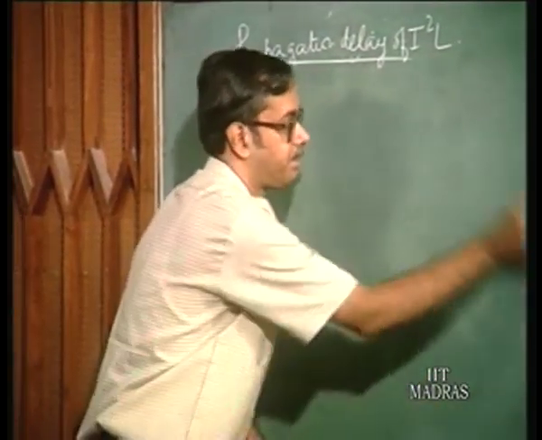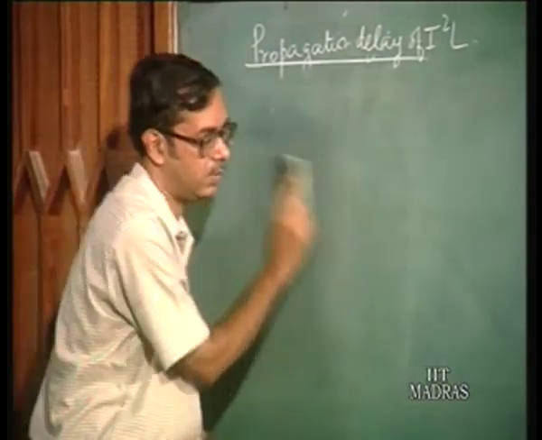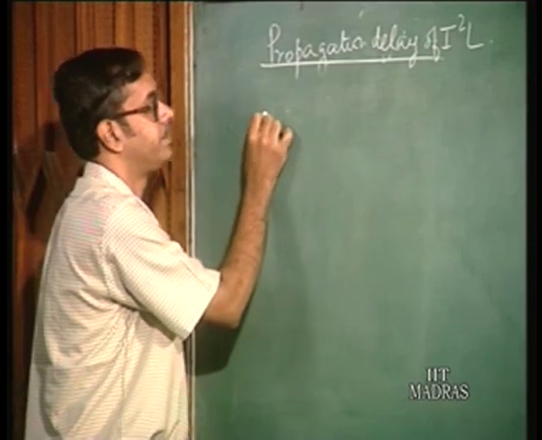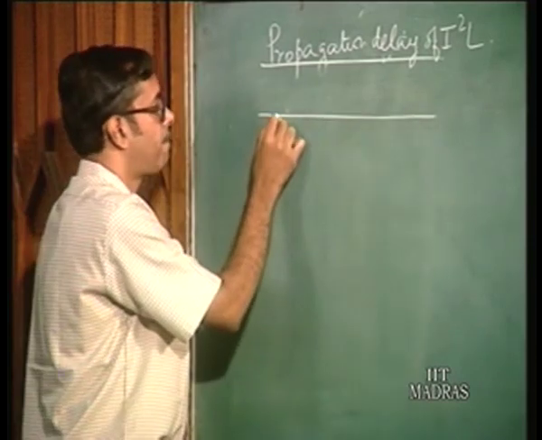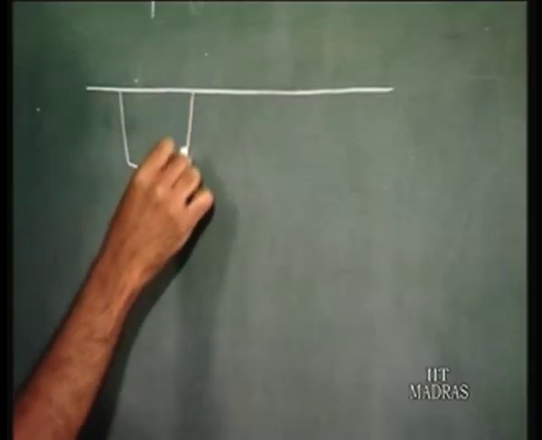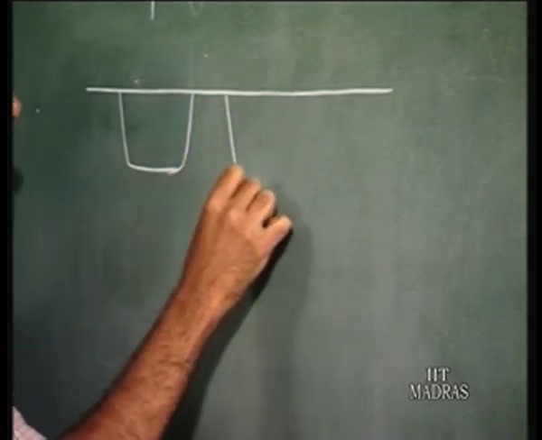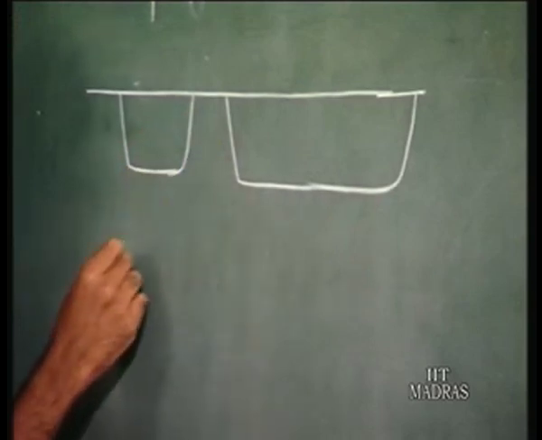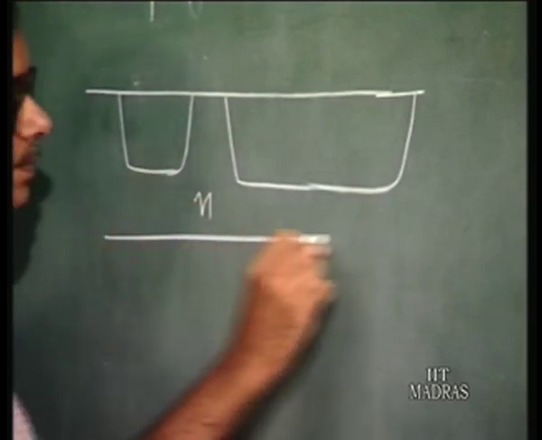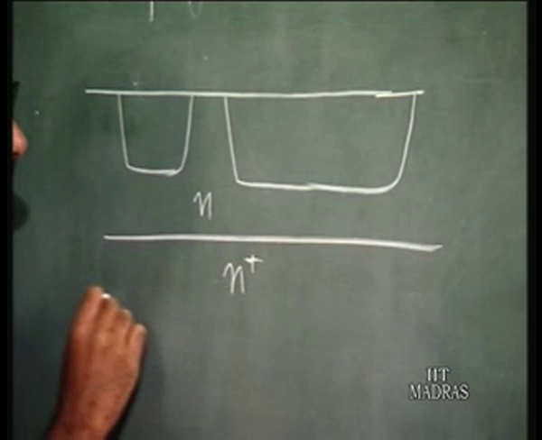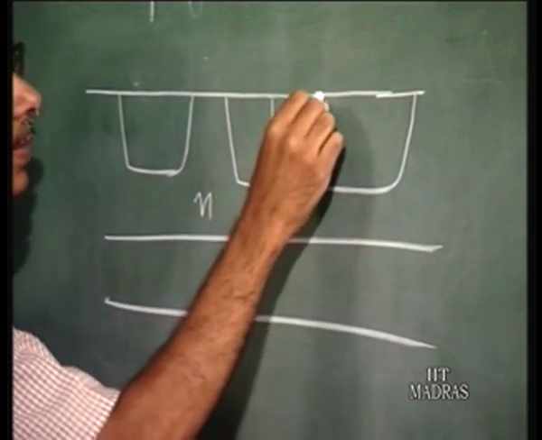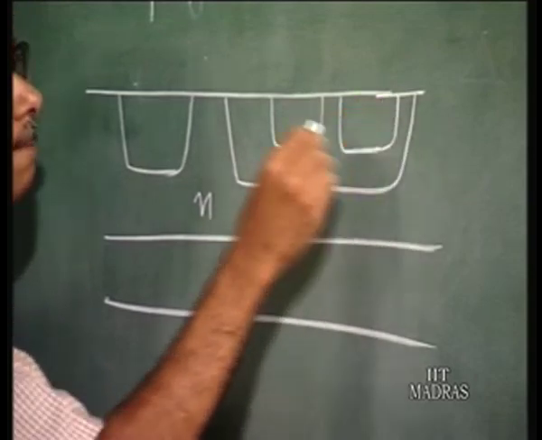So, I will just draw the I squared L cell once more. So, this is the N region, N plus, and then you have the collectors.